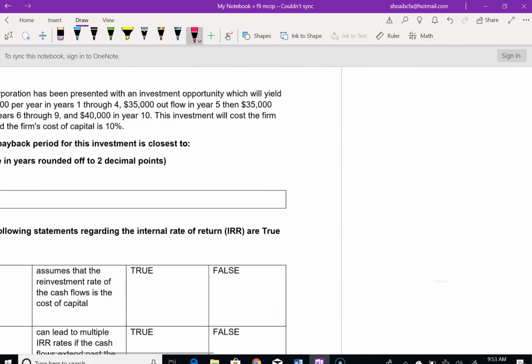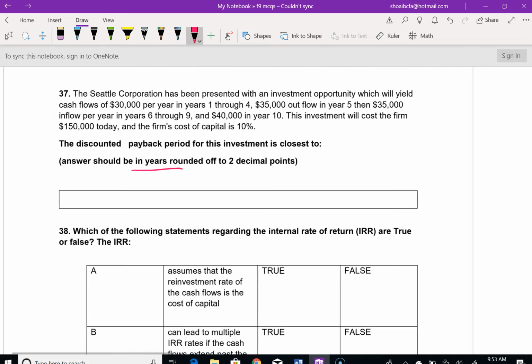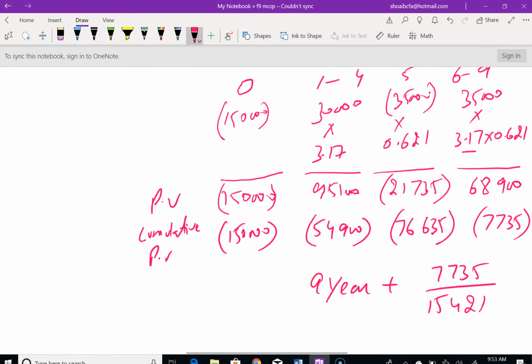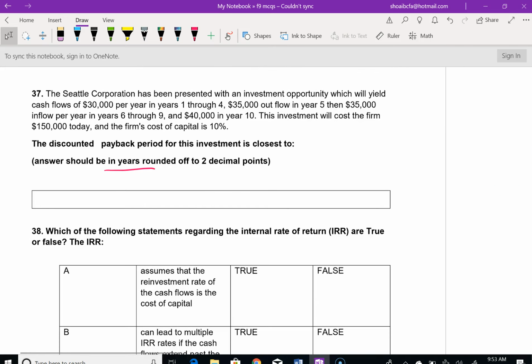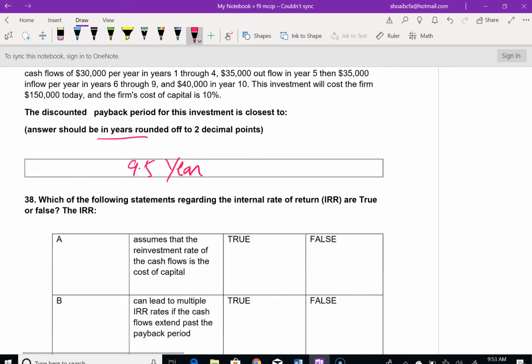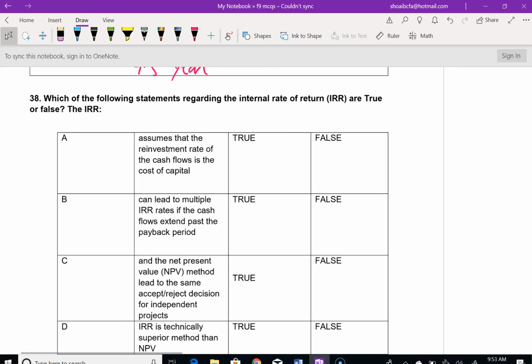So in terms of years, our answer will be 7735 divided by 15421. So the answer will be 9.5 years.